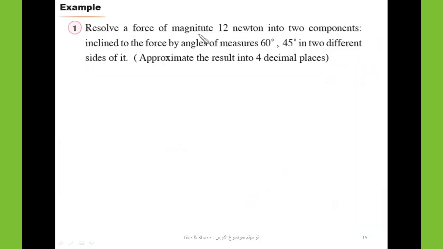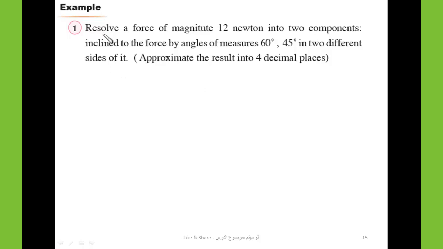Resolve a force of magnitude 12 Newton into two components inclined to the force by angles of measure 60 degrees and 45 degrees into two different sides of it. Approximate the result to 4 decimal places.